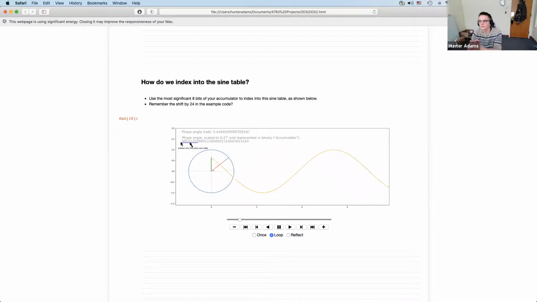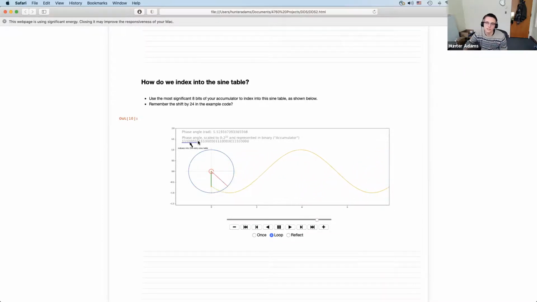A way to think about this is that the accumulator variable is keeping track of which index to enter into the sine table in a particular sample, where the top 8 bits of the accumulator variable are the integer part of that index, and the bottom 24 bits are the fractional part of the index. Now, clearly, you can't fractionally index into a sine table. It doesn't make any sense. So when you actually go to index into the sine table, you truncate out the whole bottom 24 bits and just index into whatever the top bits tell you to.